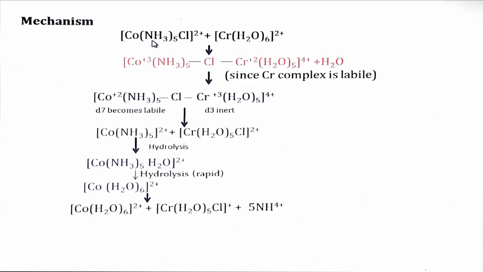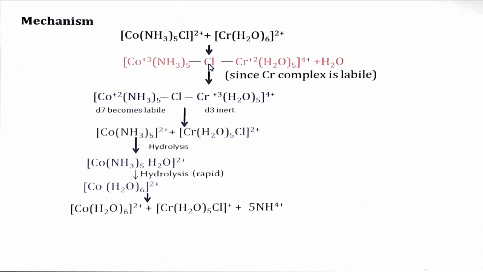In the reaction mechanism, you can see we have two complexes. This complex has the bridging ligand, Cl, and this is the labile complex. When they react with each other, first they form a bridged complex.